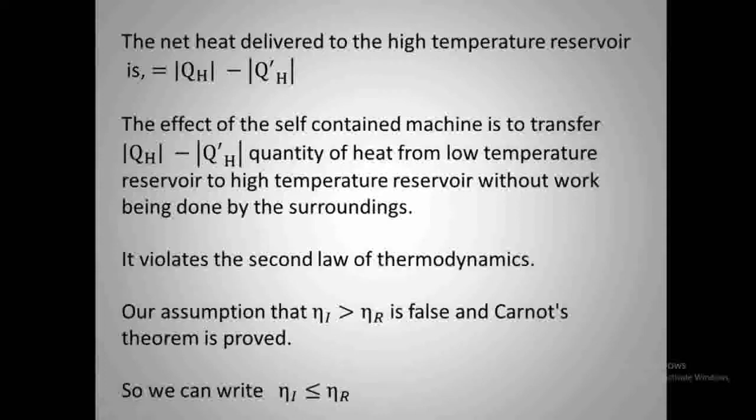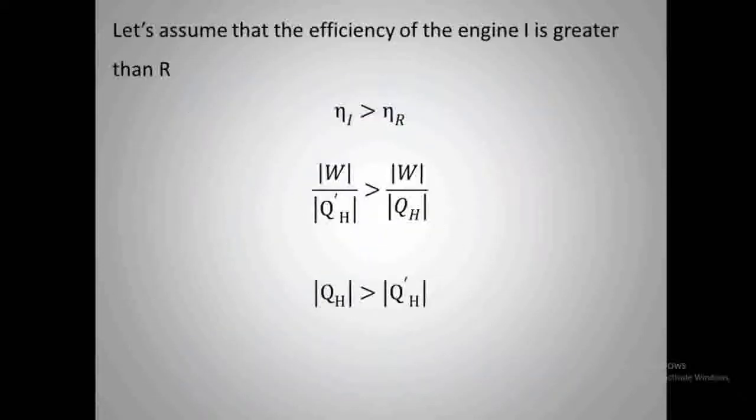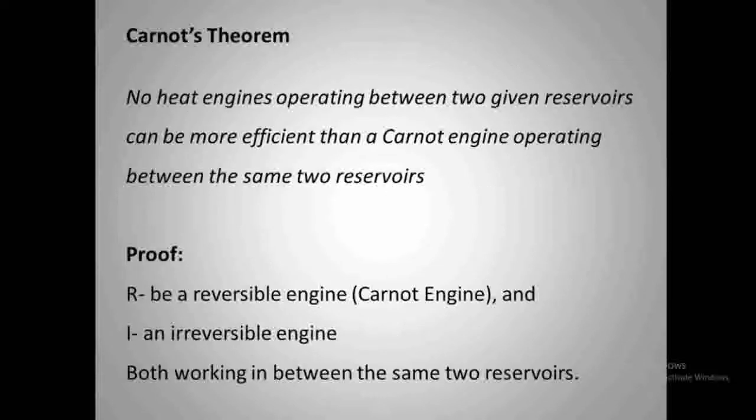That is, the efficiency of the Carnot engine is either greater than or equal to the efficiency of any other engine working between the same two reservoirs. That is, it is never less than that of the irreversible engine or any other engine working between the same two reservoirs. So the statement of the Carnot theorem is that the Carnot engine is more efficient than any other engine working between the same two reservoirs.